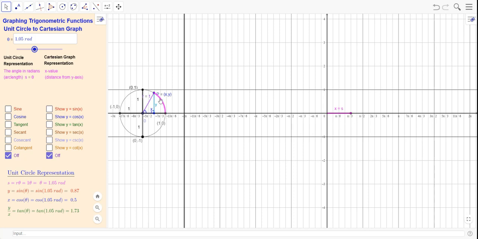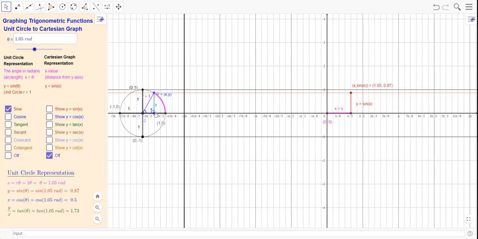The angle being the arc length over here in the unit circle picture, and the input being the horizontal distance, or just the x-coordinate, over here on the Cartesian graph. Okay, and that's the first connection all the way. The angle in radians, the arc length on the unit circle, is the x value, the distance from the y-axis. Now let's look at sine.